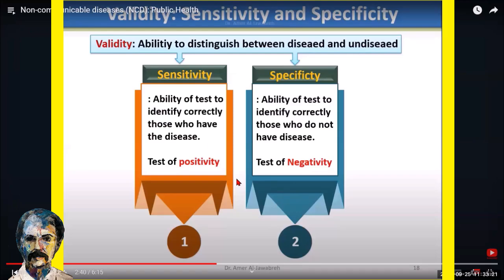Okay, so what is specificity? Analytical specificity is the ability of the test to detect the analyte of interest. What do I mean by this? Imagine you have a tube, and this tube contains serum. This serum contains analytes such as A, B, C, D, E, F. These are analytes in the tube.